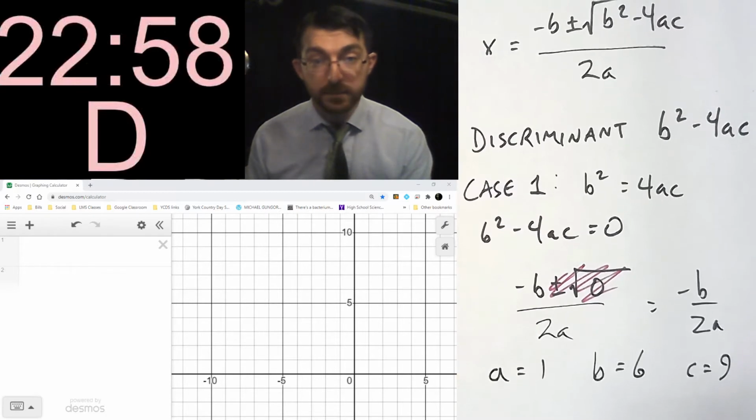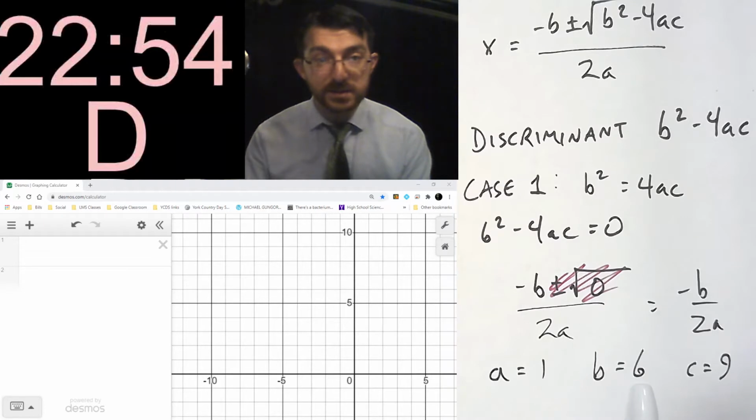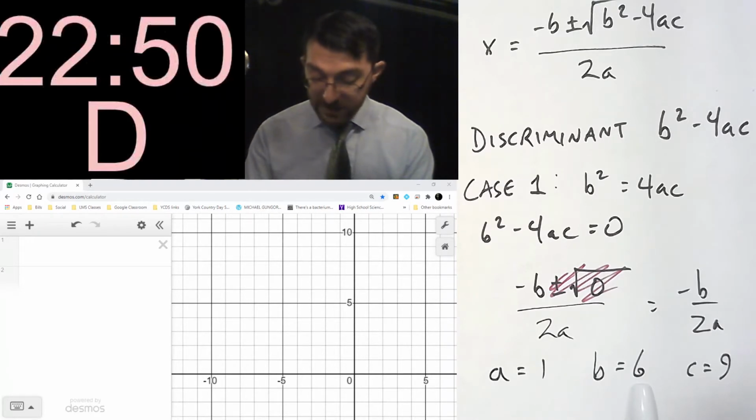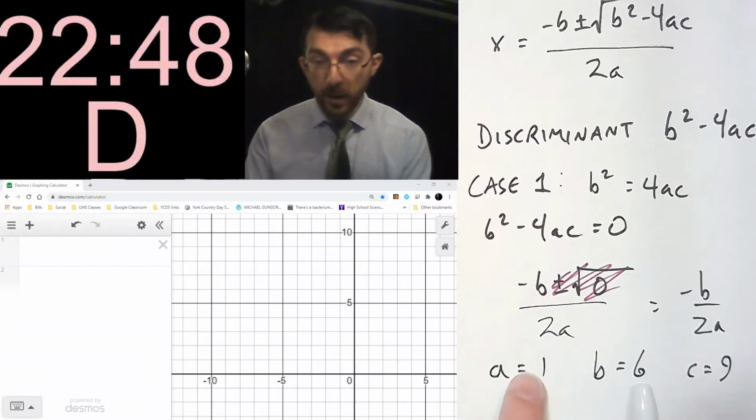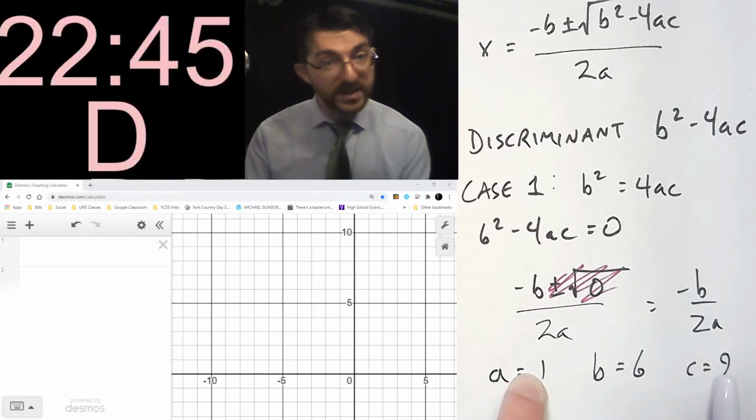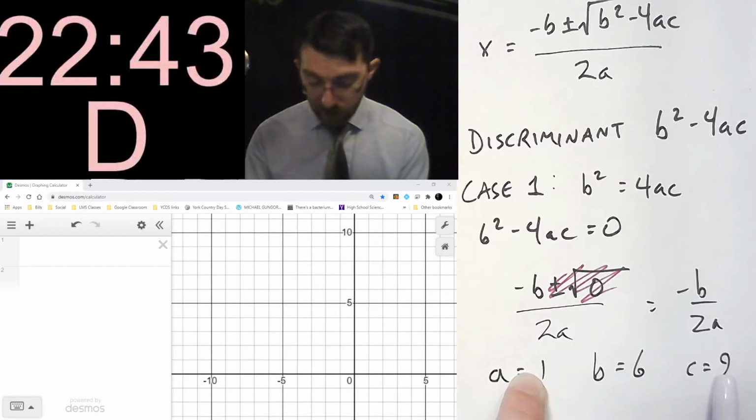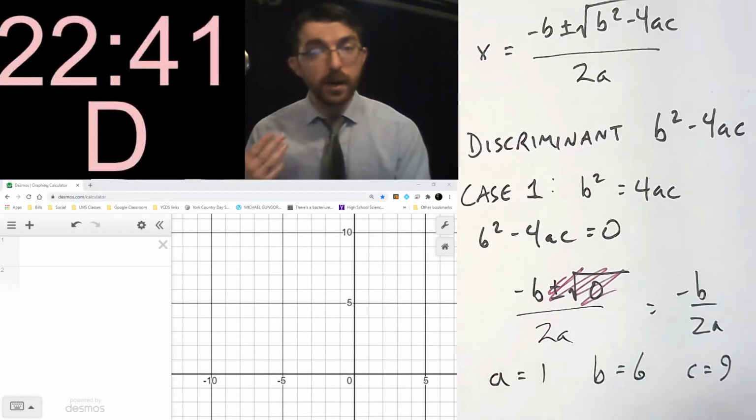Then it will be the case that b squared equals 4ac. If b is 6, 6 squared is 36. 4ac would be 4 times 1 times 9. That's also 36.